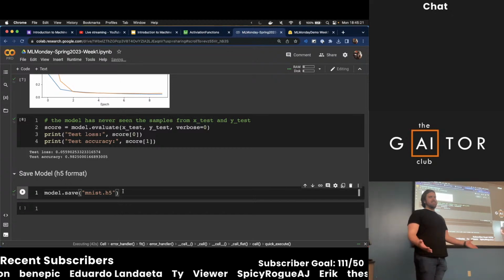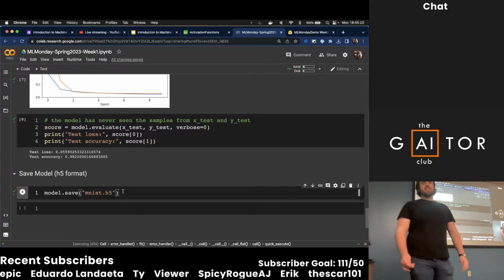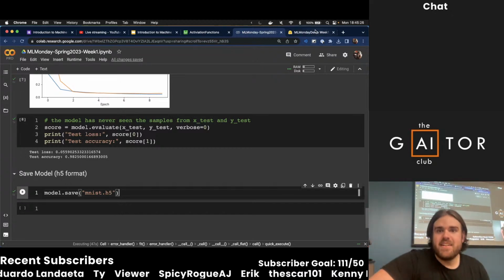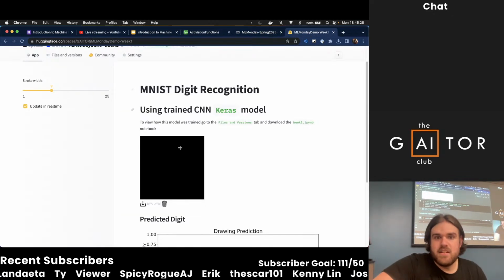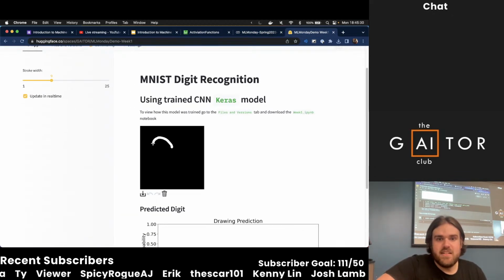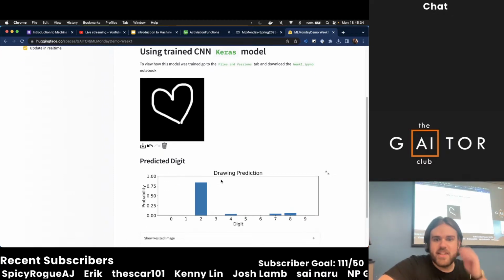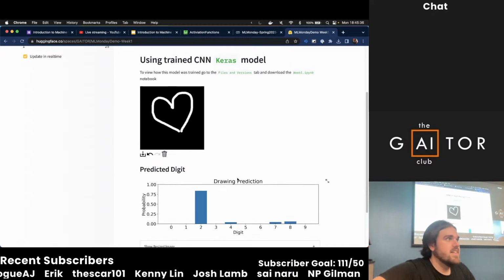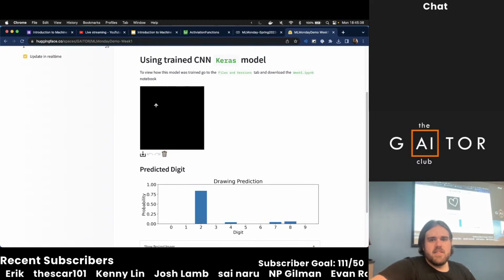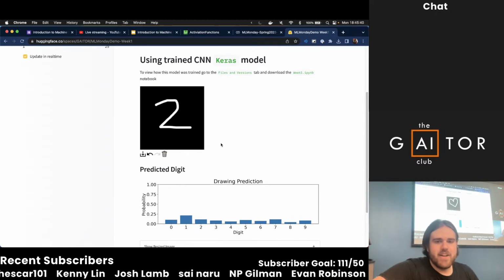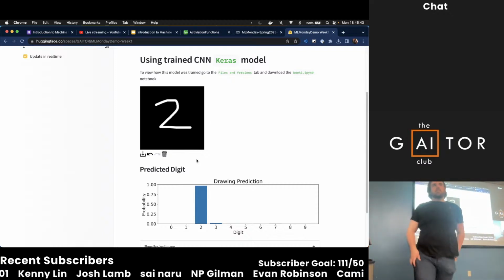It'll say whether it's a number, what number it thinks it is. So if I draw, for example, a heart in this, I have no idea what's going to come in, but it's going to guess something, right? So no matter what, you can put in any vector you want, but it's going to pop out something.